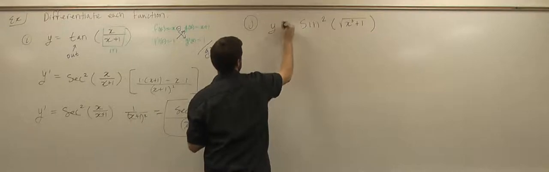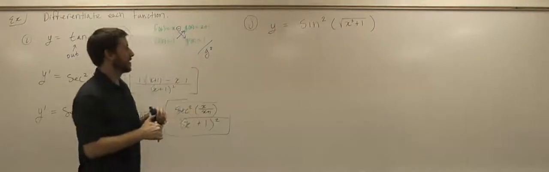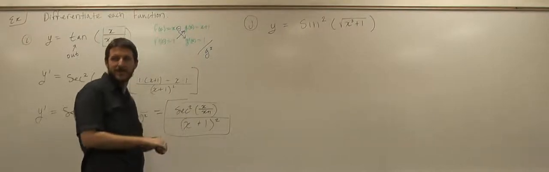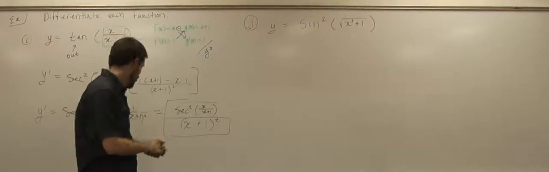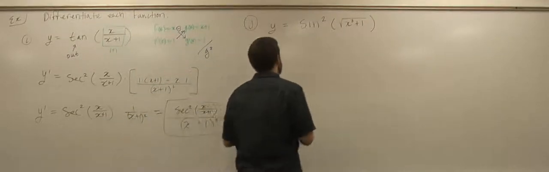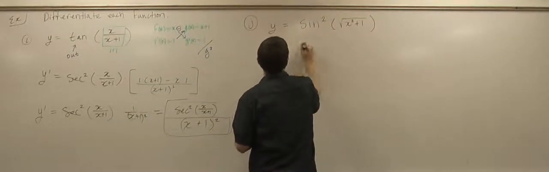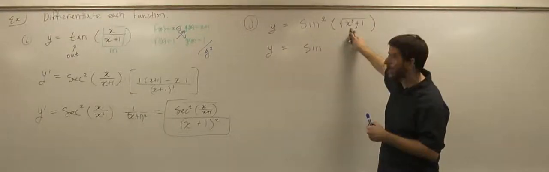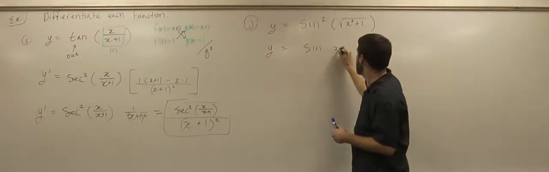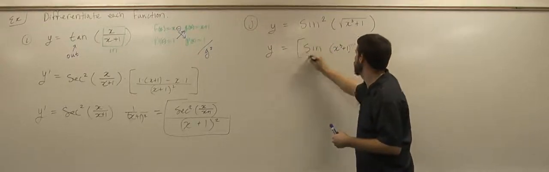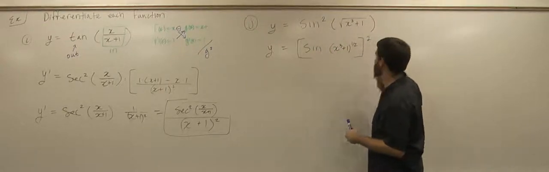Double chain. So we can put that 2 outside everything. This is the same as sine of x cubed plus 1 to the 1/2 power, all of this raised to the second.